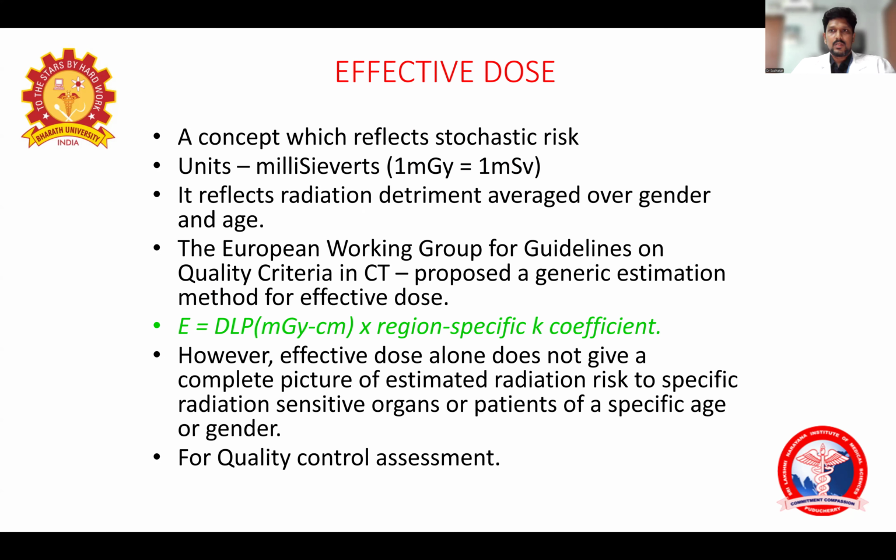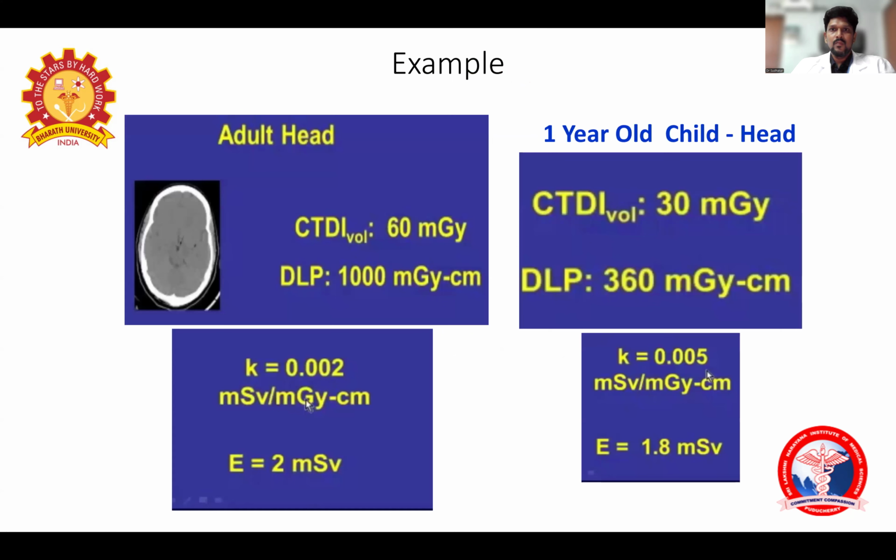So effective dose is equal to dose length product times a region-specific K coefficient. However, the effective dose alone does not give a complete picture of the estimated radiation risk to specific radiation sensitive organs or patients of a specific age or gender. So it is mainly used for quality control assessment.